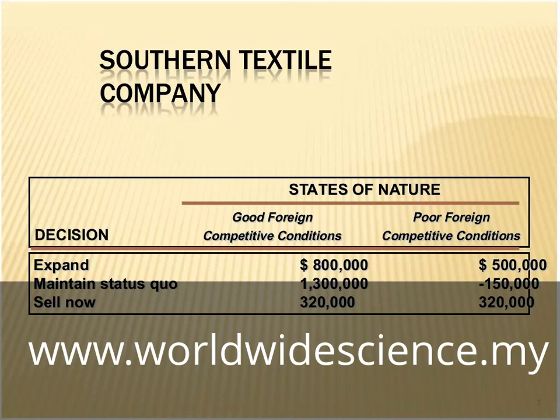I'm going to expand my company. Sometimes I think maintaining the status quo is the best option for me. And sometimes I think it's better to sell the company or sell this line of production now. Which one is the best decision for me?